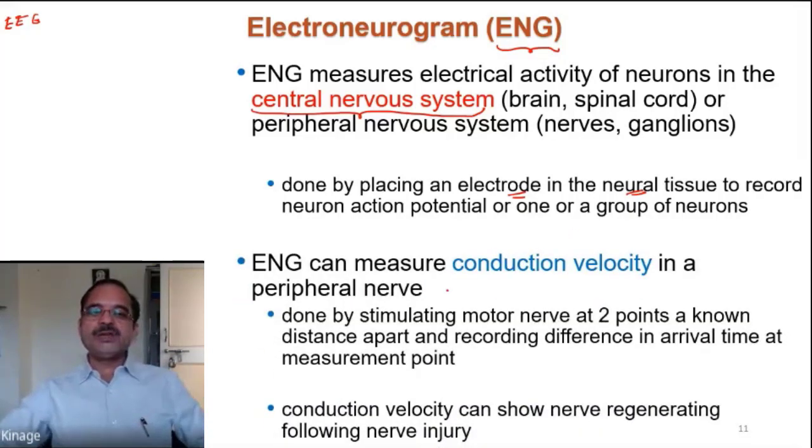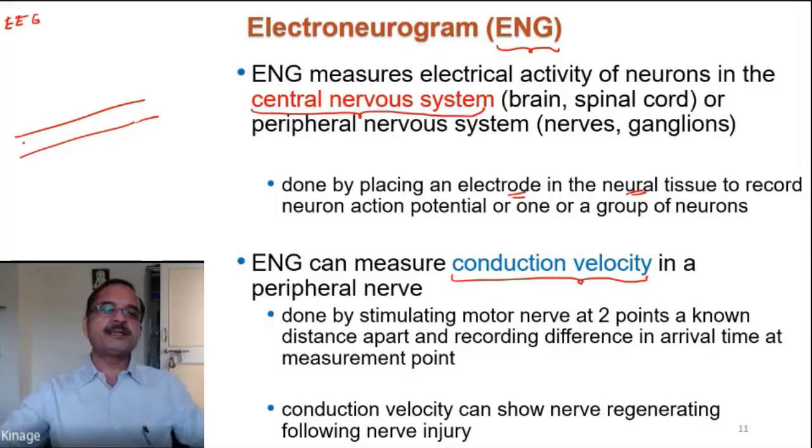This ENG actually measures the conduction velocity in a peripheral nerve. Now we have seen earlier in the previous presentation, there is a negative charge inside during the resting state, and outside there is a positive charge. After excitation, it reverses. That means after excitation, the inside becomes positive and the outside becomes negative.